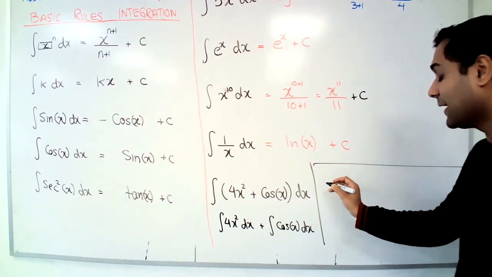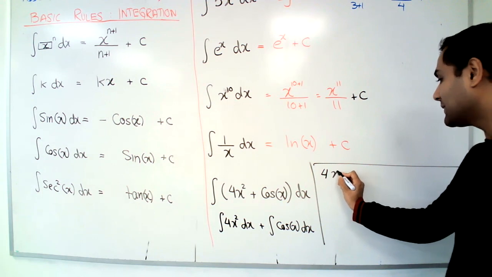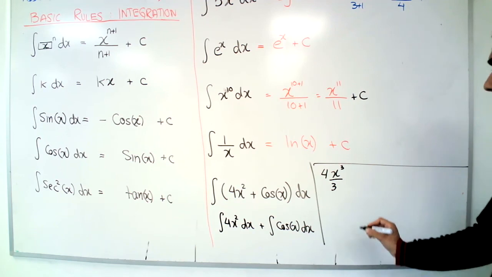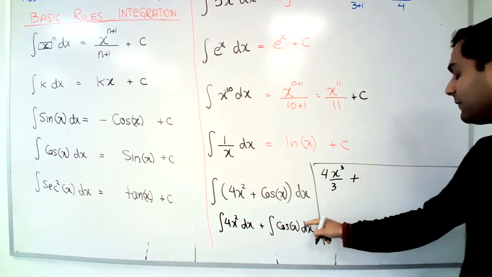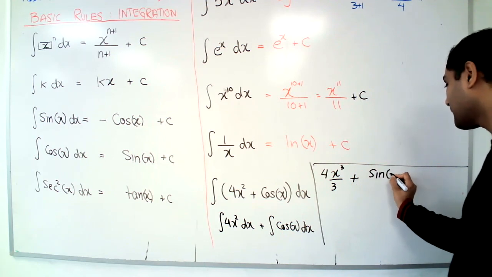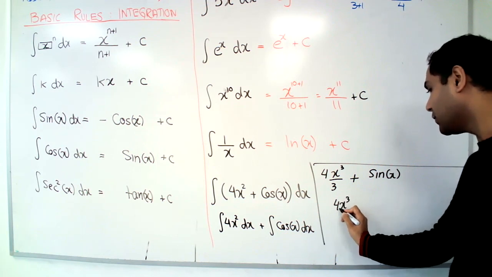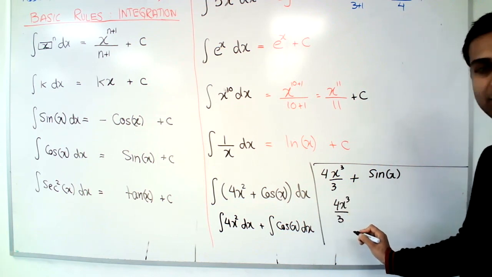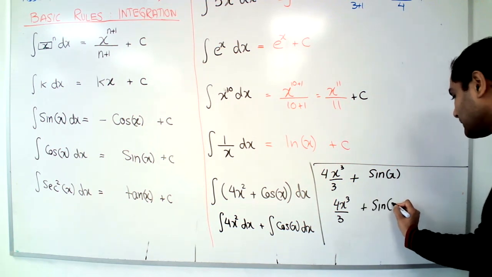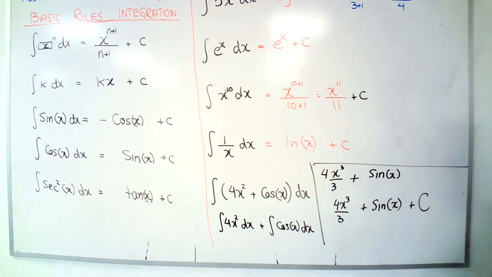So 4 is out. Now x squared becomes x cubed over 3, plus the integration of cos x is sin x. So that thing becomes 4x cubed over 3 plus sin x plus a constant of integration.